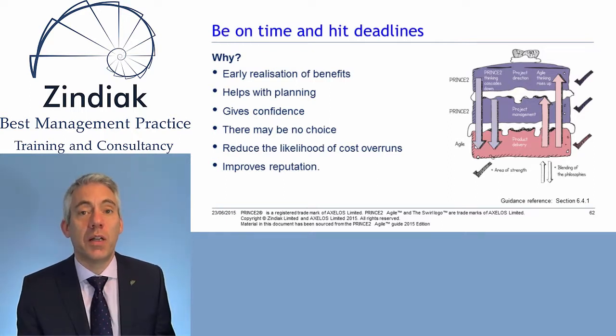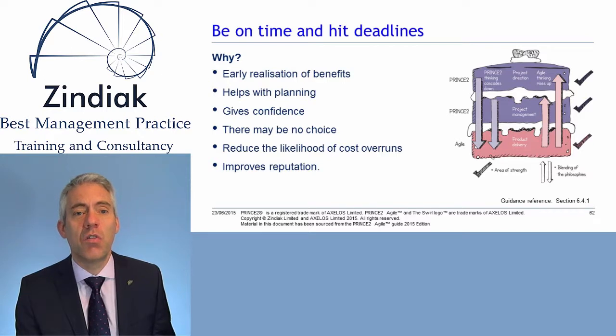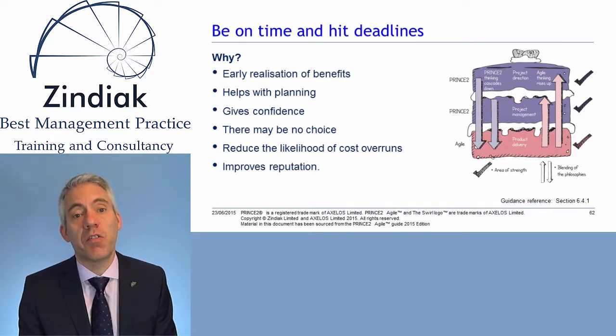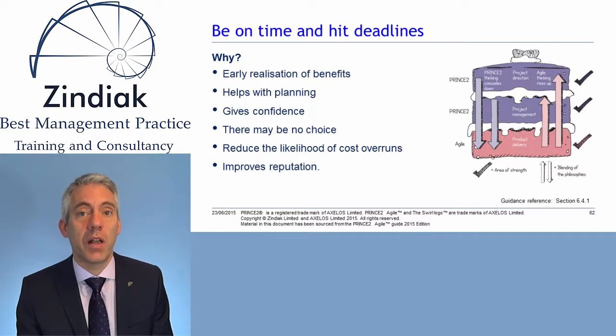And the final point, improves reputation, rather similar to gives confidence. If we deliver on time, it improves the reputation, certainly of you, the project manager, and also the delivery team and the wider project team.